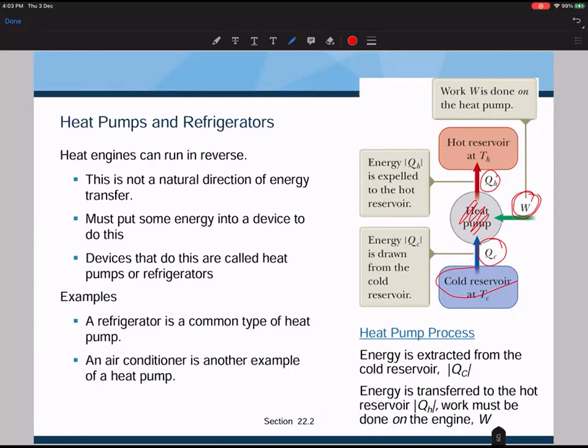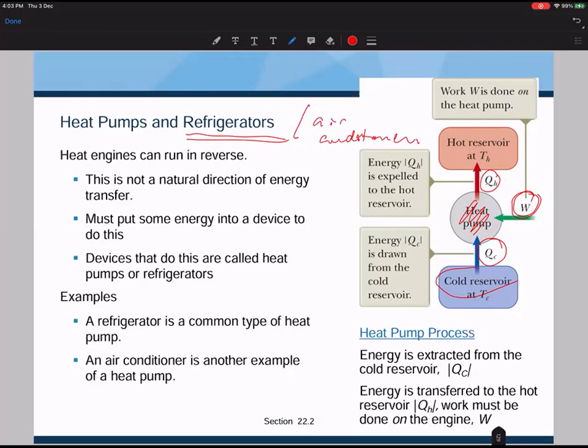If you try to Google, you will find a lot of videos explaining the functioning mechanism of a refrigerator or air conditioner. So in all of those cases, you require an engine.